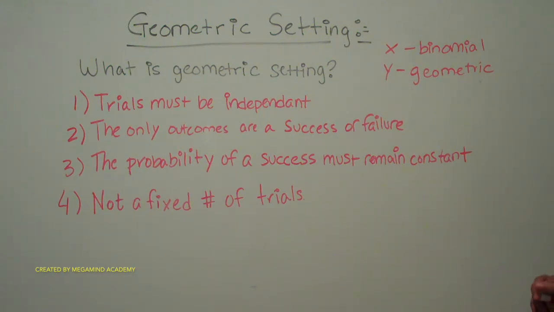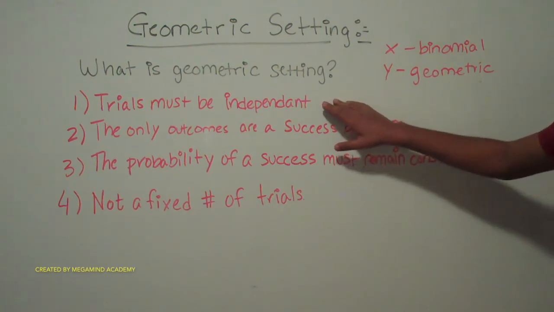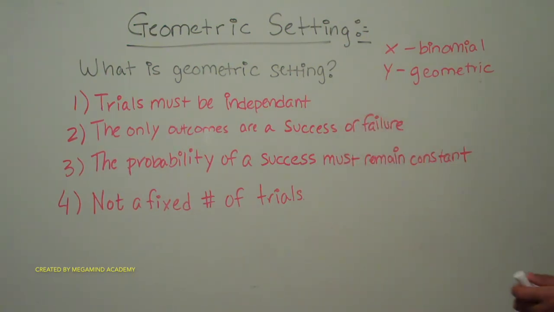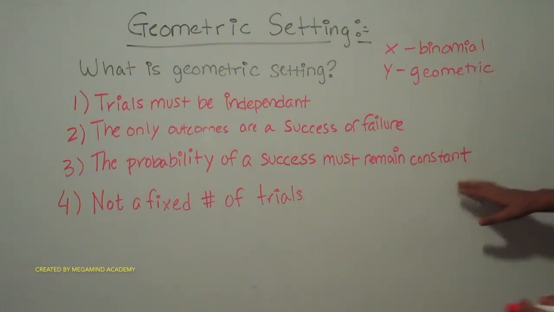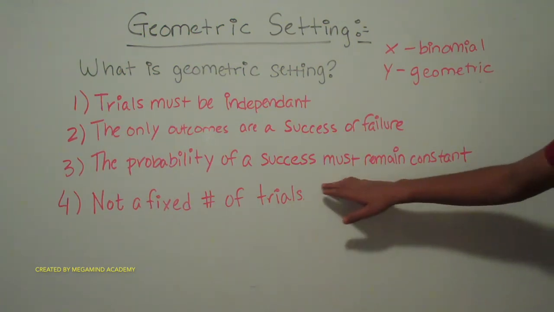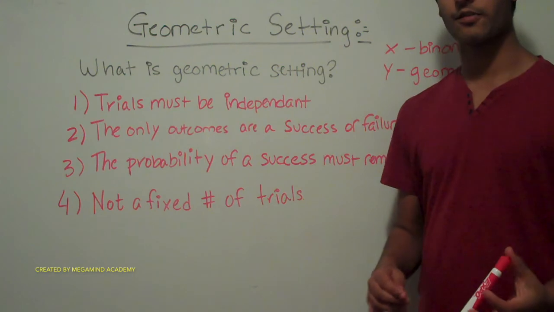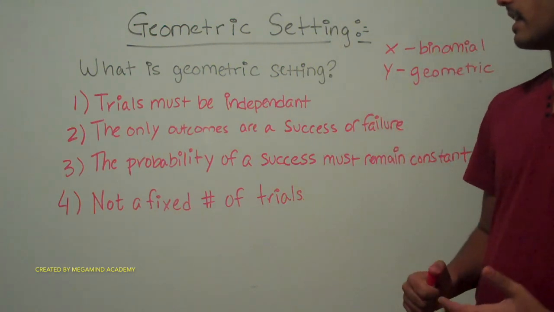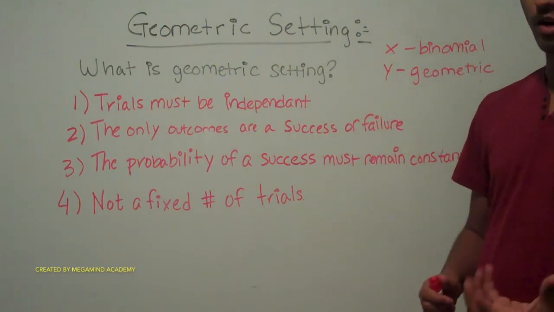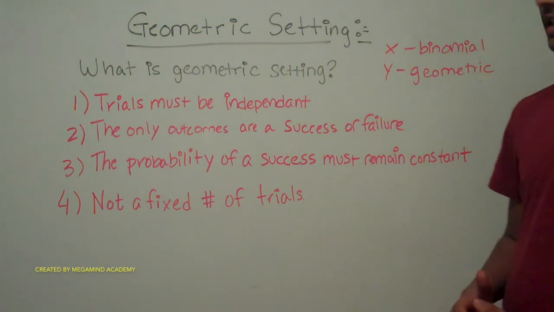The probability of a success must remain constant. This is pretty self-explanatory. It also implies that because the probability of a success remains constant, the probability of a failure also remains constant. And then 4, the one that is different from a binomial setting, states that there is not a fixed number of trials. Okay, so that's it for geometric setting.